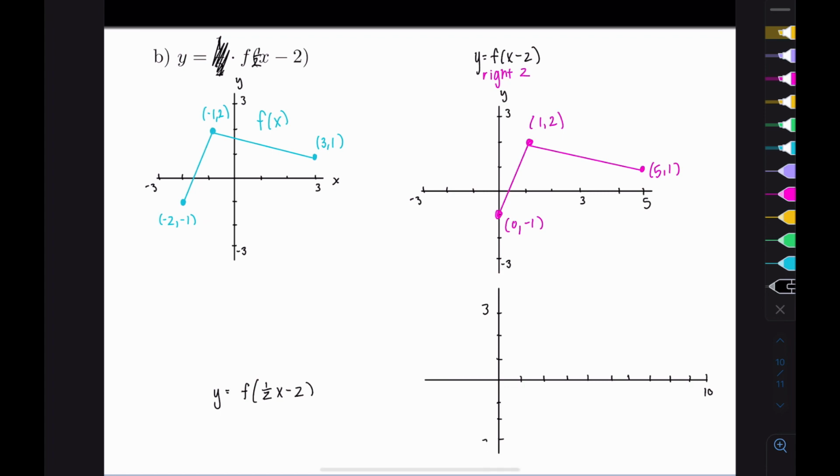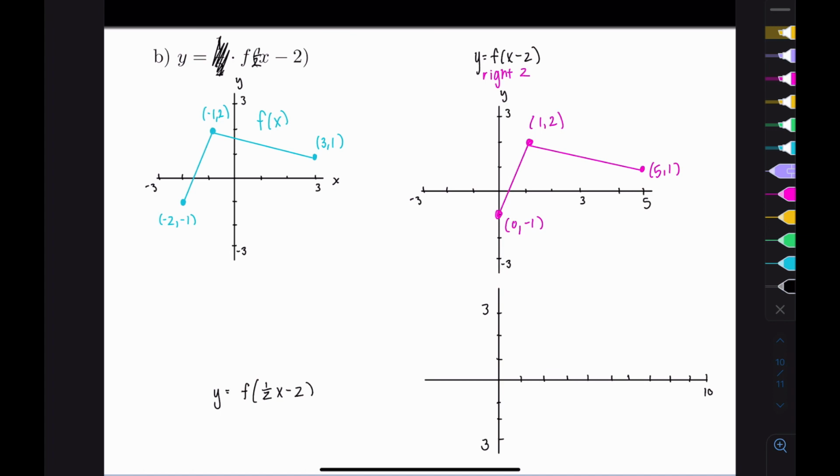Okay. So I'm using this graph from above, and what I want to do is I want to see, okay, because I'm attaching this 1/2 to the x, what x do I need to plug in so that I get this same output here of -1? Okay. Thankfully, it's not going to do anything for the first piece, because if I multiply 0 by 2, it does nothing.